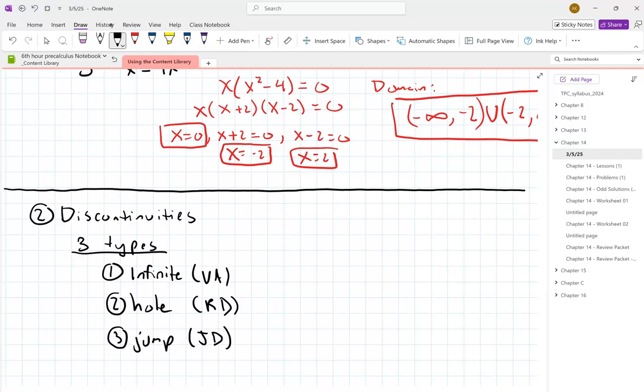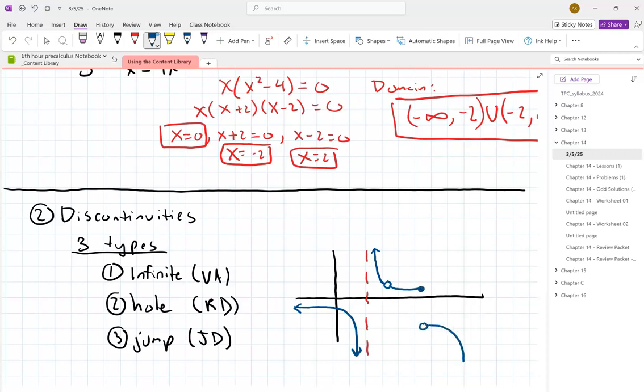So to just illustrate what we mean by these, I'm going to sketch a little picture here that has each of these going on. So this is just a little example.